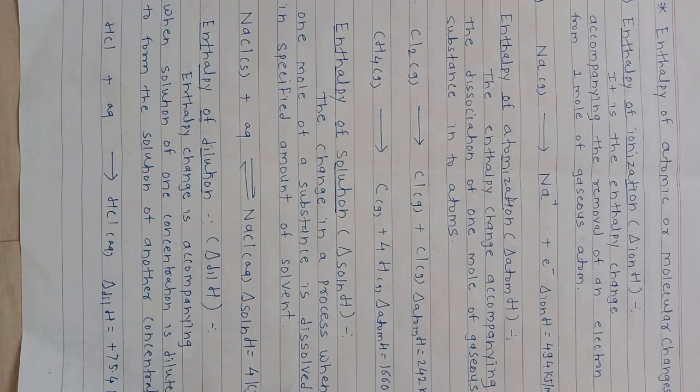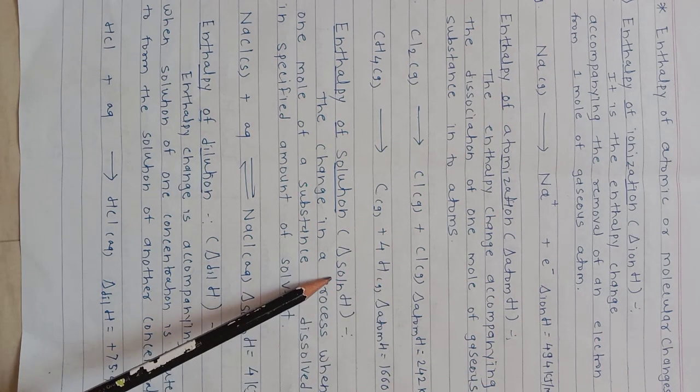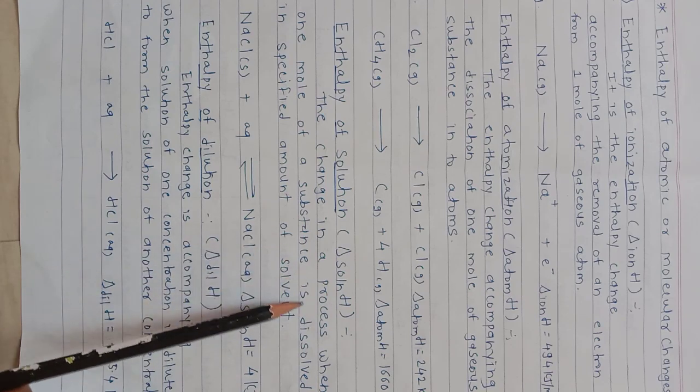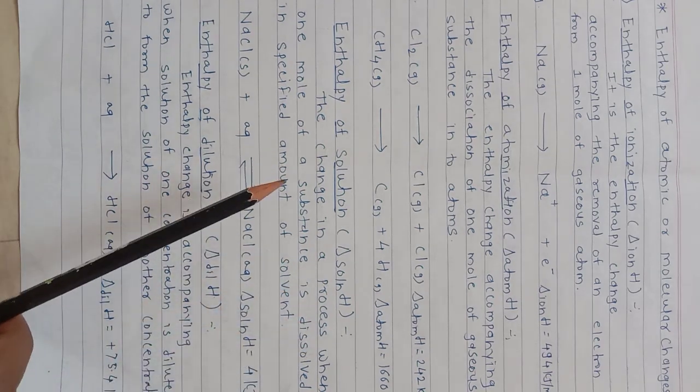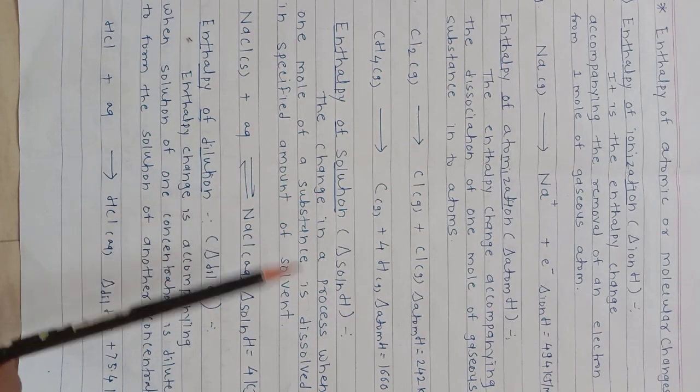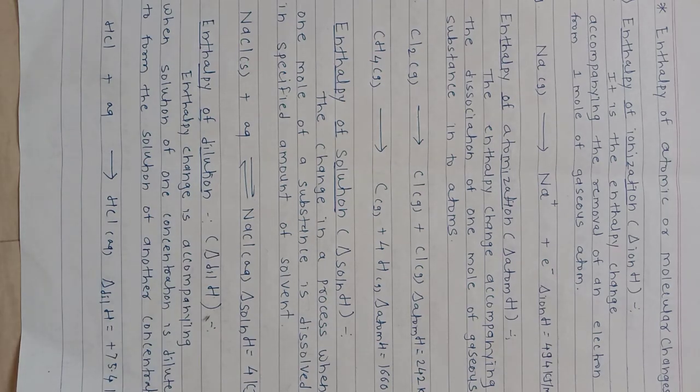Then enthalpy of solution, represented by delta solution H, means the change in process when one mole of substance is dissolved in a specific amount of solvent. Any kind of substance is dissolved in a specific amount of solvent. For example, 5 gram of sugar dissolved in 100 ml of water.